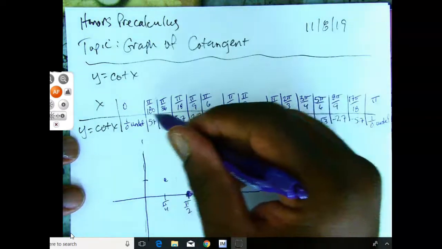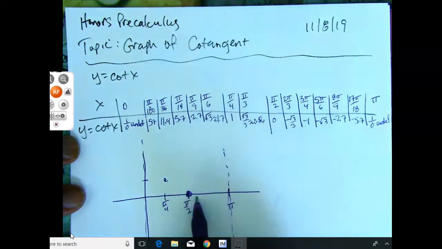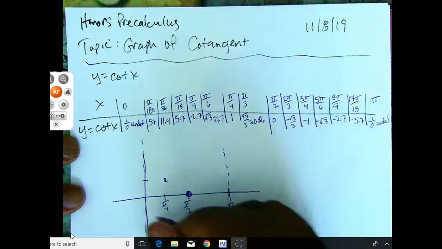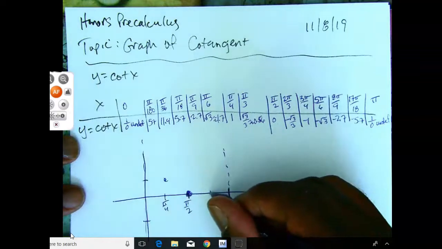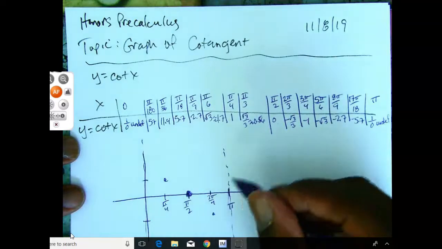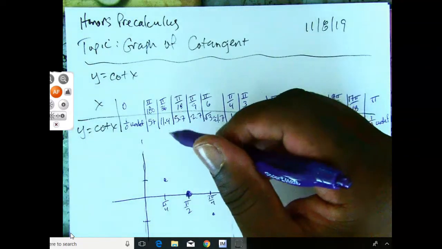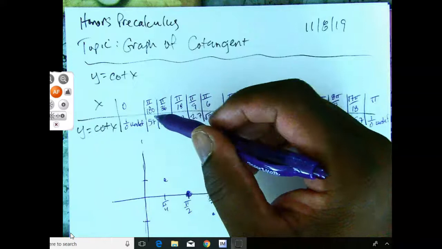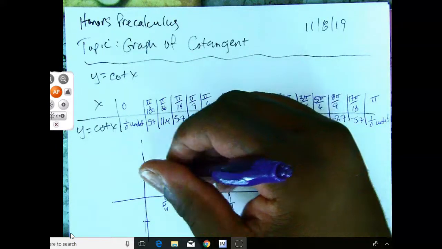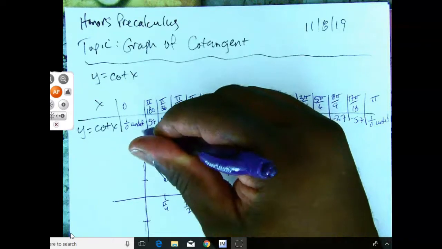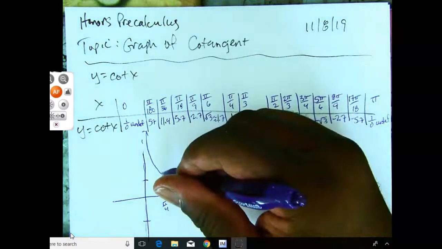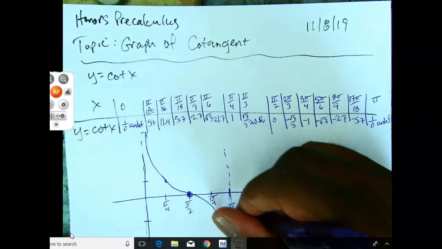And at the 3/4 way, the halfway point between pi over 2 and pi, we see that cotangent is negative 1. And what we notice is closer to 0, at 1 degree, we're at 57. So this is unbounded, so it's going to go towards our asymptote there. So our graph is doing this.